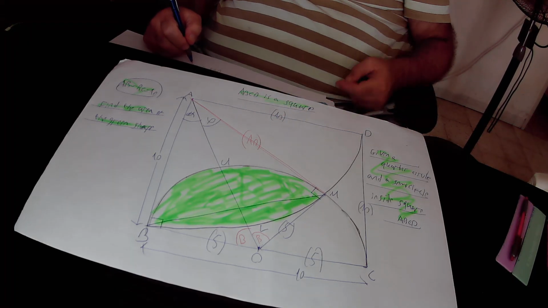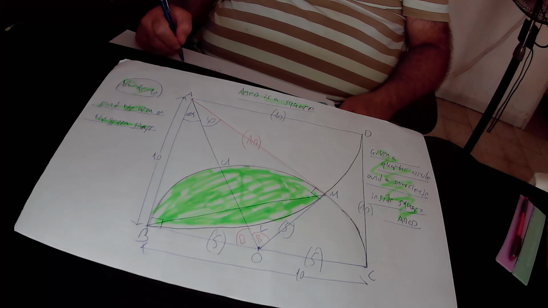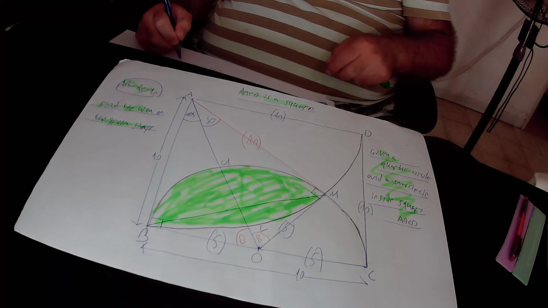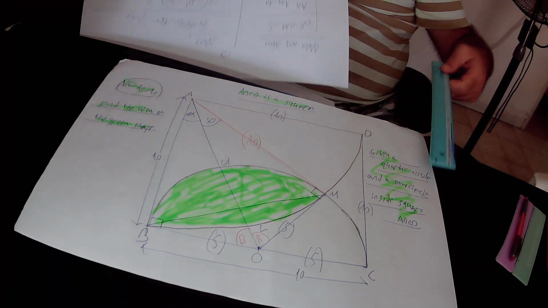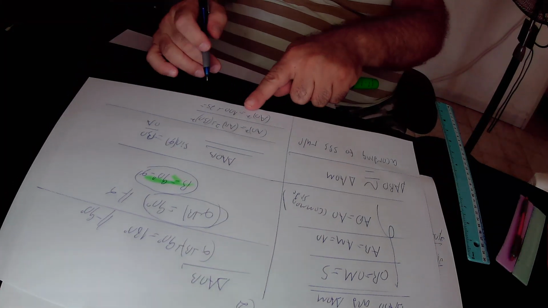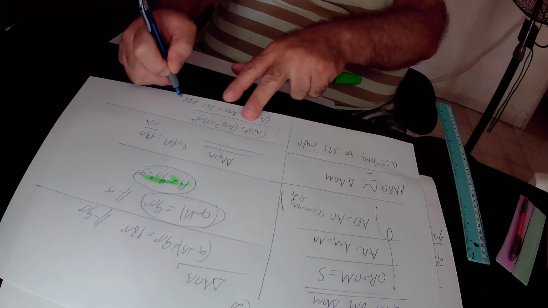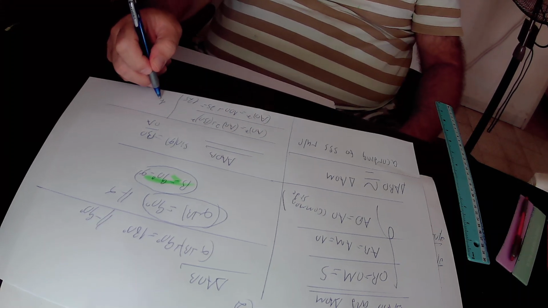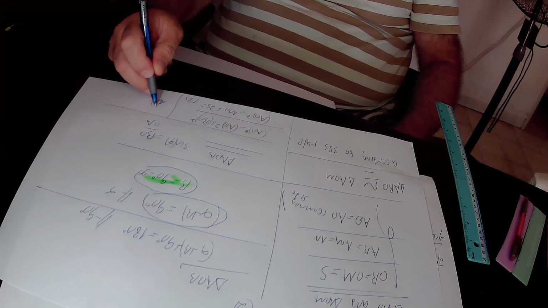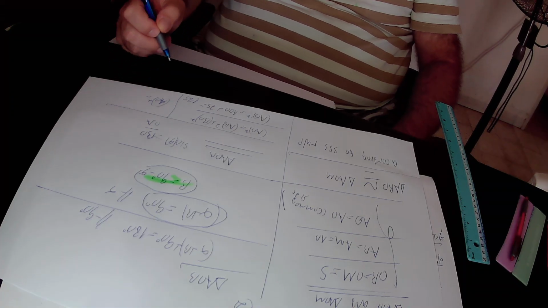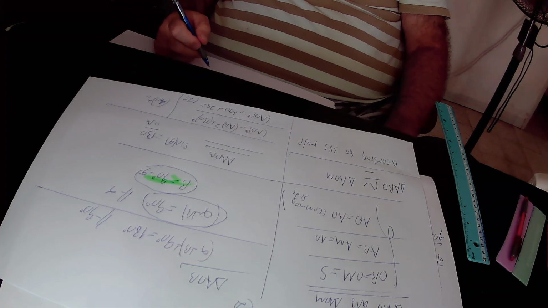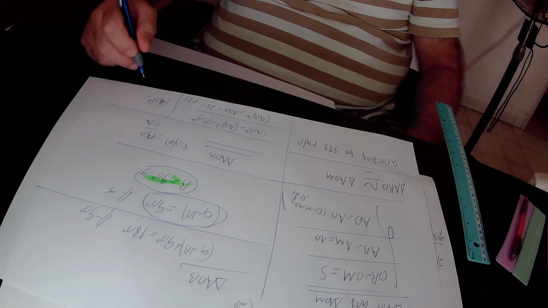BO is 5, therefore BO squared is 5 squared, that is 25. So in total, AO squared equals 100 plus 25, that is 125. So AO squared equals 125. Here we substitute 125 by 25 times 5.